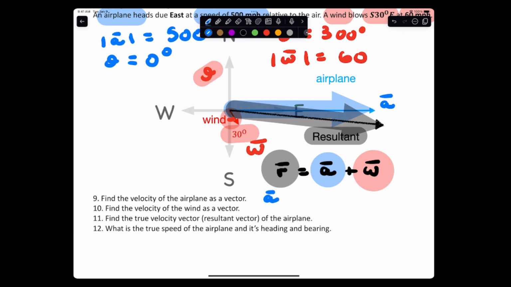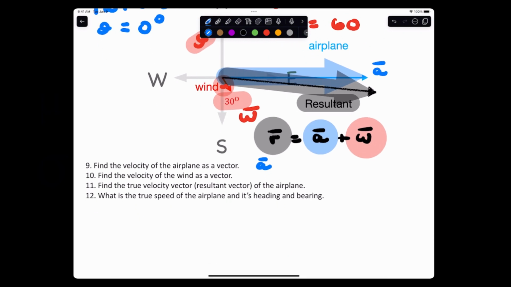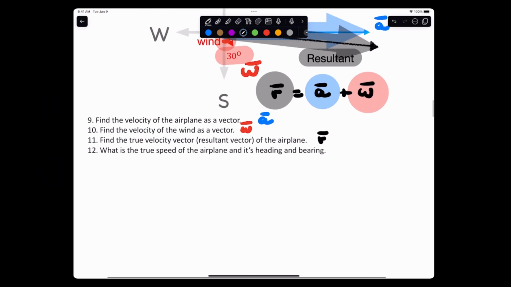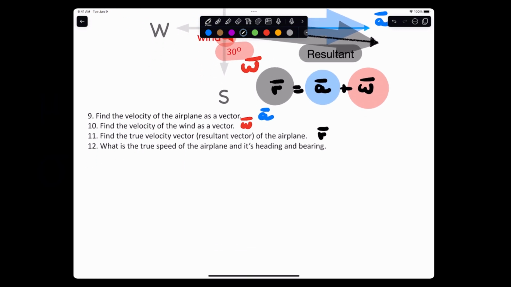Question 10, they want you to get the what? The W vector, the wind vector. And then question 11, they want the resultant vector. And then question 12, they want the what? The length of the what? Resultant vector. And then they want the heading and bearing of the what?